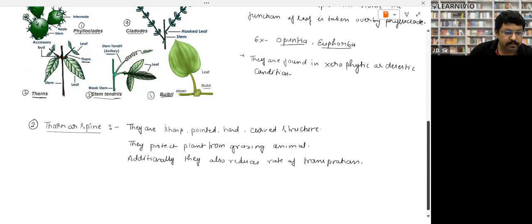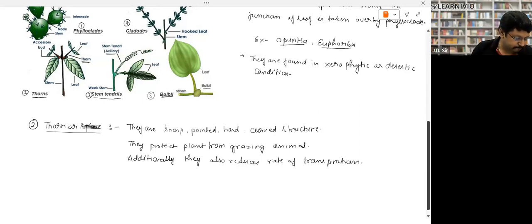Don't write spines, please, because spines are basically modifications of the leaf. Thorn, that is only thorn. Cut down the spines. Spines are modification of the leaf. So thorn I have discussed with you.